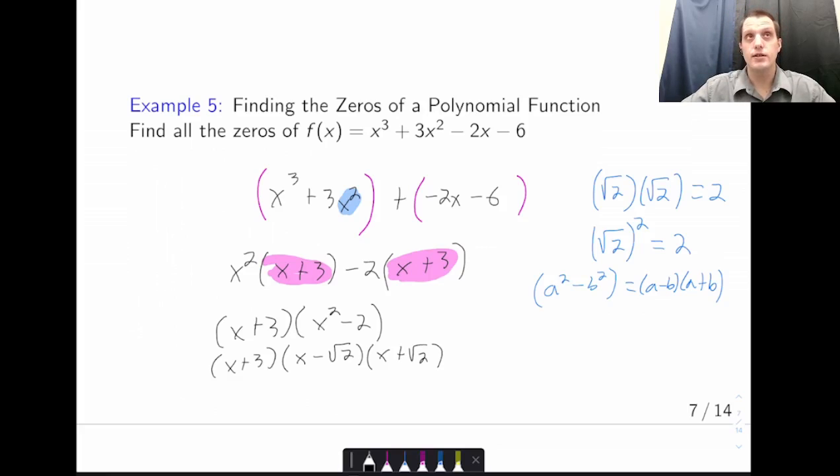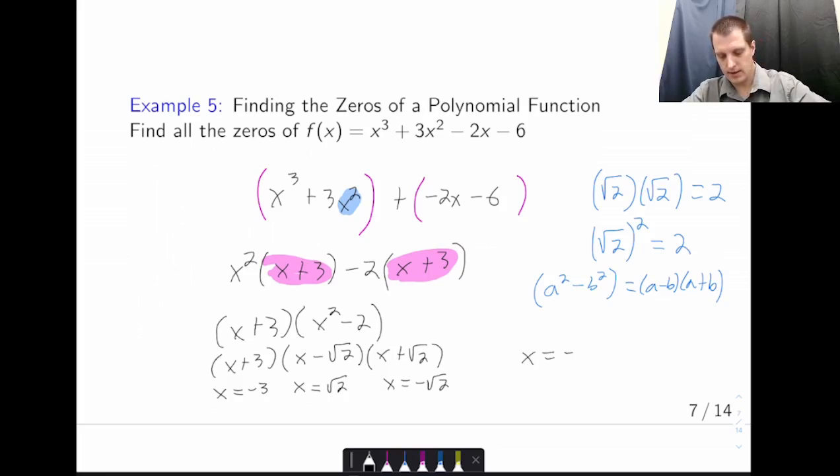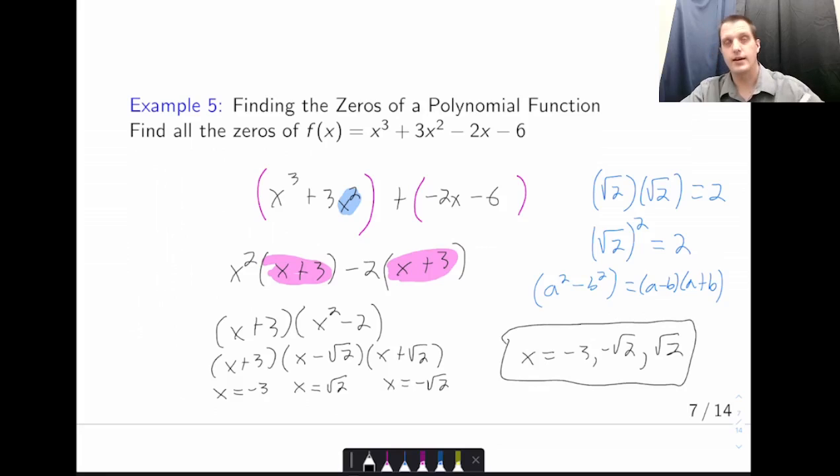If we set each of these equal to 0 because of the zero product property of multiplication, we get x is equal to negative 3, x is equal to square root of 2, and x is equal to negative square root of 2. Or it's just one answer, x is equal to negative 3, negative square root of 2, square root of 2. And that is our answer.